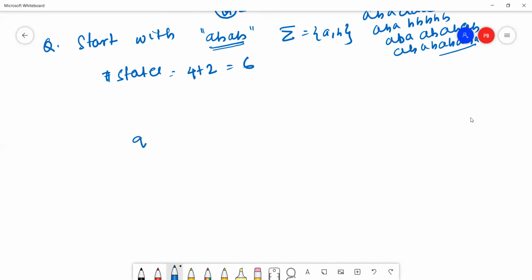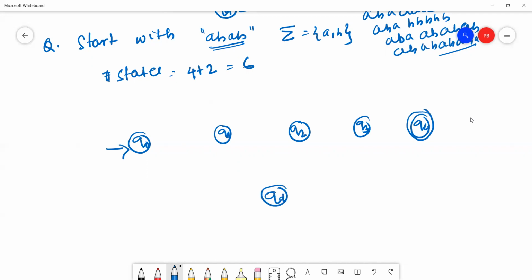Now we'll draw Q0, Q1, Q2, Q3, Q4. Q4 is my final state, Q0 is my initial state, then this is the dead state QD, and it has self loops on all inputs.